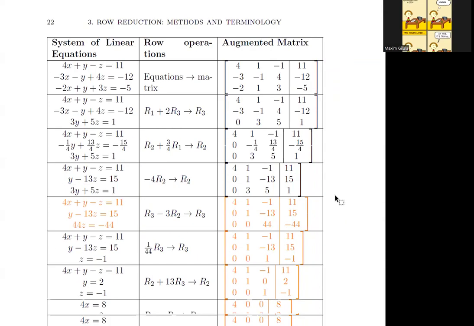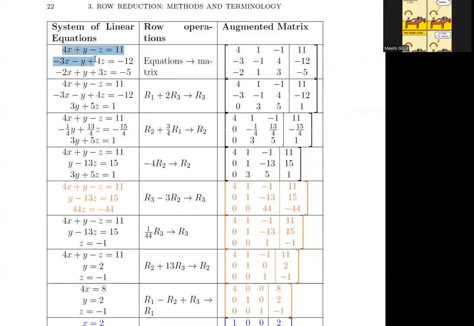So here's the example. We start with a system of equations, and the coefficients are 4, 1, minus 1, equals 11; minus 3, minus 1, 4, equals minus 12; minus 2, 1, 3, equals minus 5.